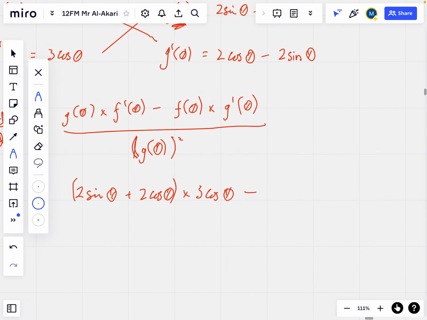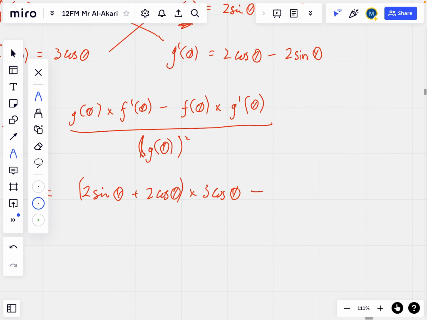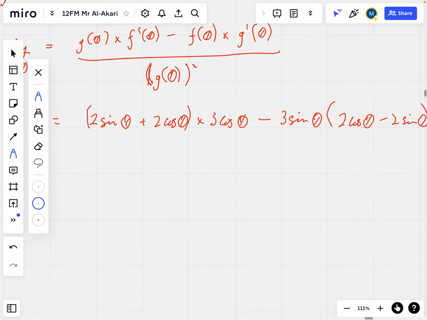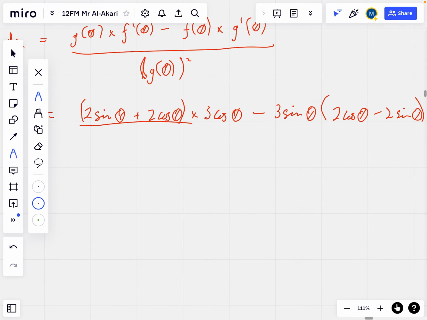Take away f of theta, which is 3 sine theta, multiplied by g dash theta, which is 2 cos theta take away 2 sine theta. All over g of theta squared.